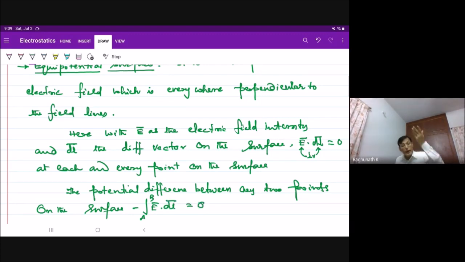Because E bar dot dl bar itself is 0, integral of 0 is 0 only because it is definite integral. Is this clear?